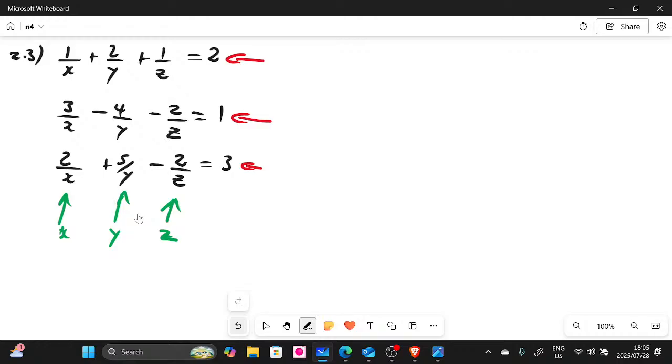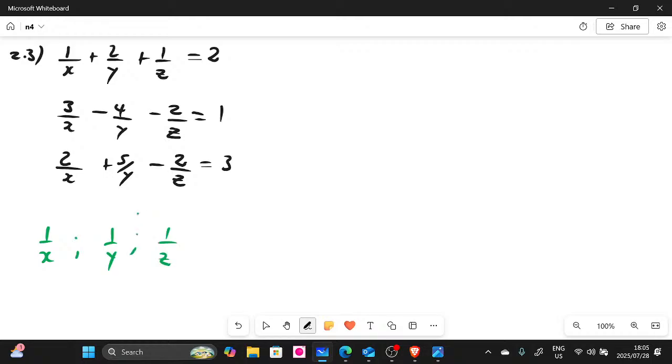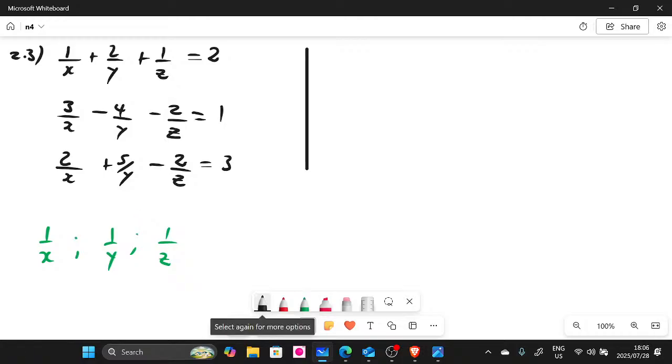Now I'm gonna erase these, guys. Now a trick: if you look at our x, y, and z, they are in fractions. We have 1 over x, 1 over y, and 1 over z. Let's take them as they are. They are inverted, guys. So when we create the matrix, I'm going to create it here on the side. Remember we need to calculate the determinant.